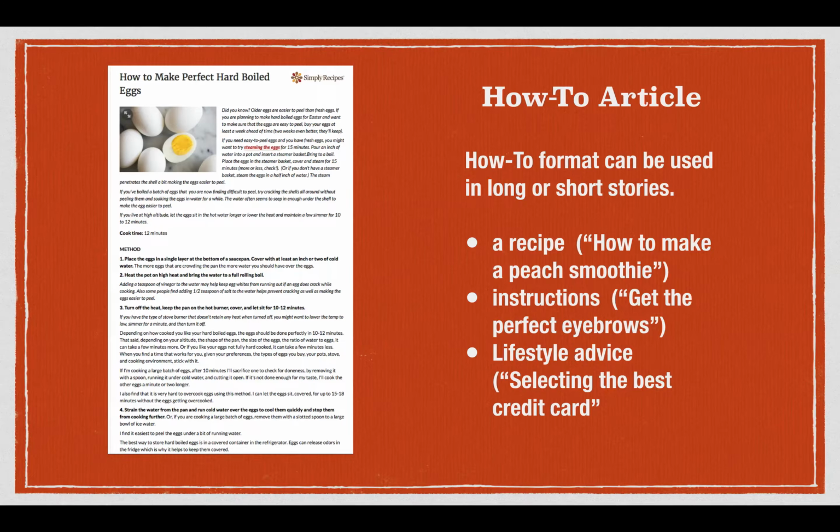I've seen a cover story in Time magazine that uses a how-to format around selecting a school for your kids. This is multiple pages, and each section might have been 500 words or more, but it's really still the same format. Intro, and then step 1, step 2, step 3, until you get to the end.